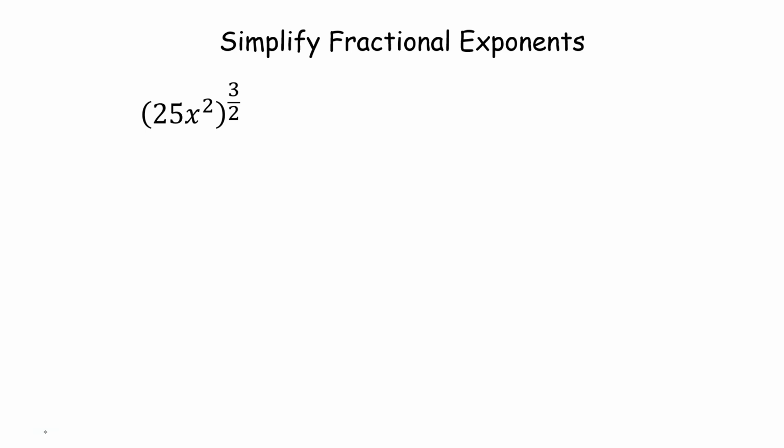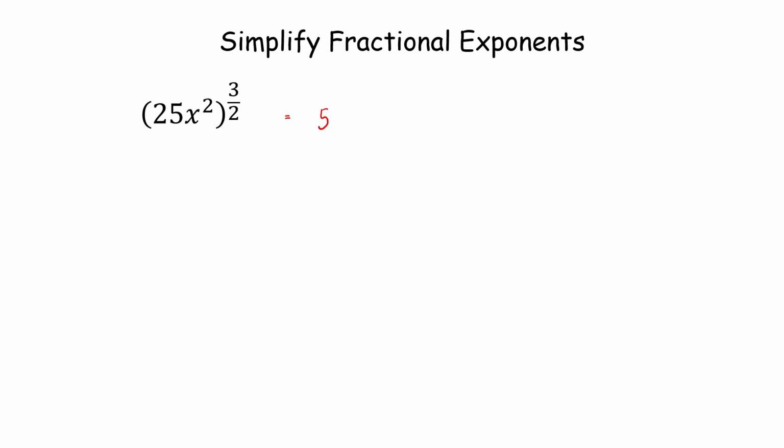Okay, so we have 25x squared raised to 3 over 2. I think there's no need for us to convert this into radical because we can express that 25 as 5 squared, and we can see that the denominator is 2. Talking about the exponent, we can cancel that out and simplify this problem.